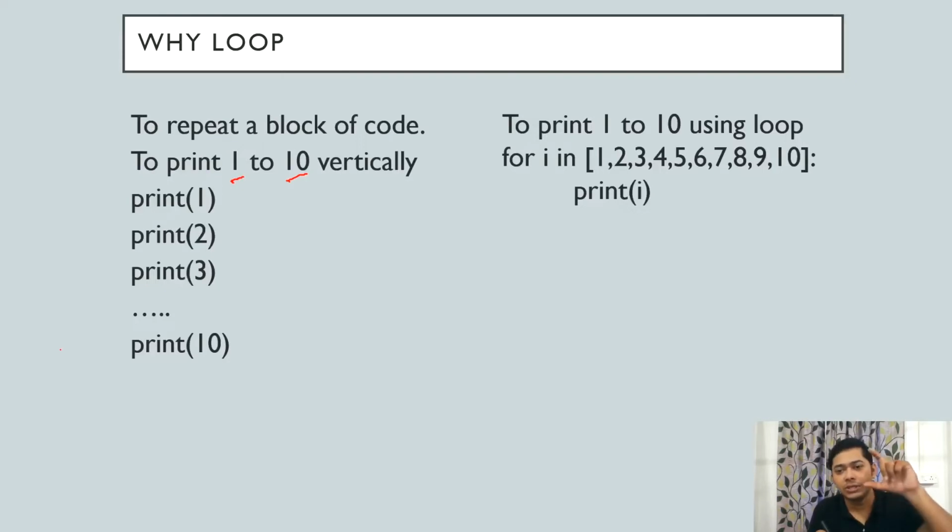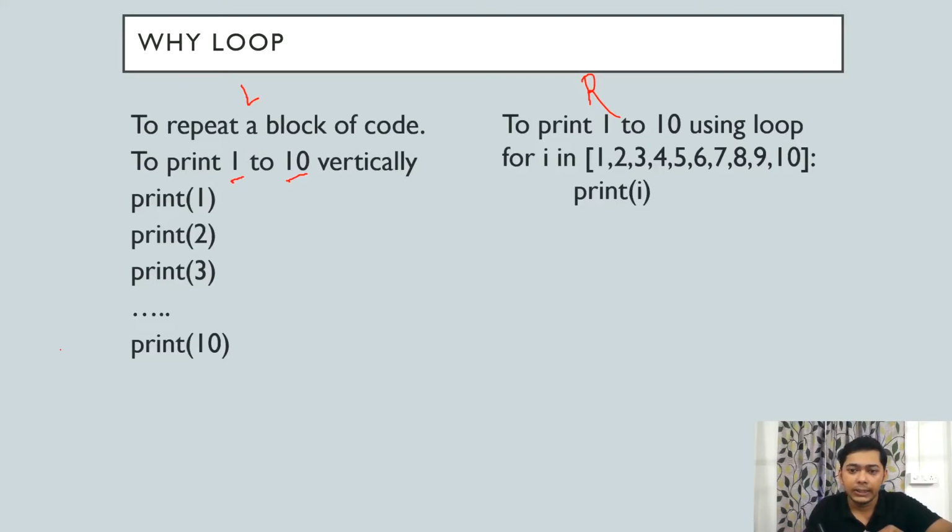So here you see, 10 statements I have to write. This is the condition here on the left hand side. But on the right hand side you see, print 1 to 10 using a loop. Now how this loop will work, I am going to explain afterwards.